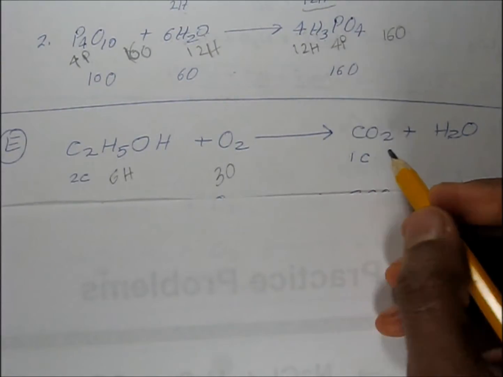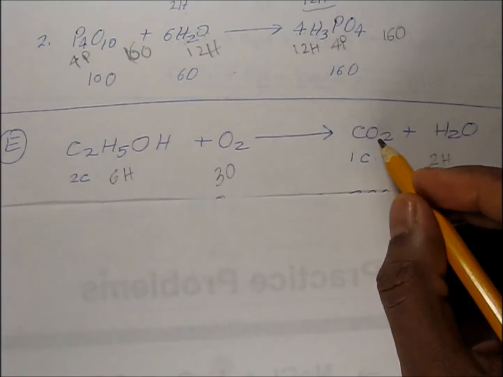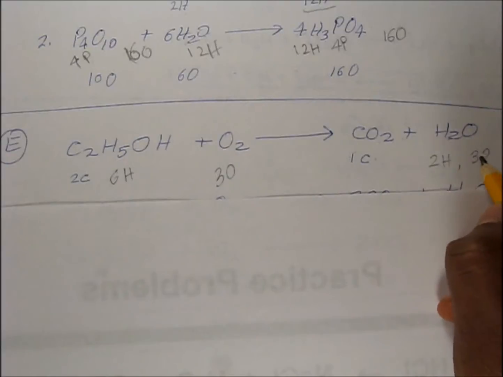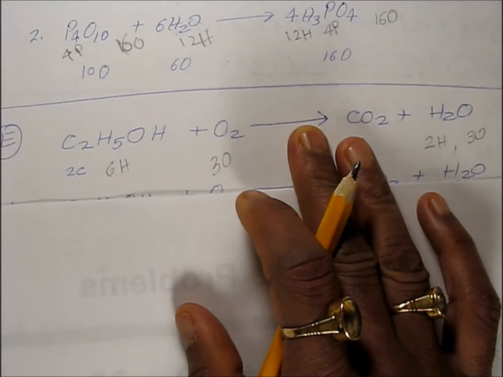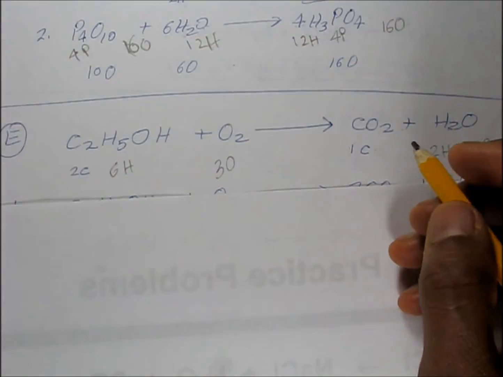Here 1 carbon, 2 hydrogen, and 2 and 1, 3 oxygen. So oxygens are equal but hydrogens are unbalanced and carbons are unbalanced.